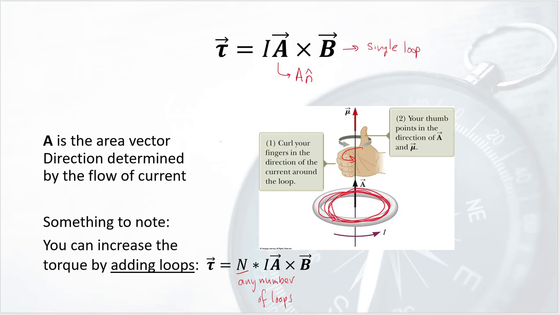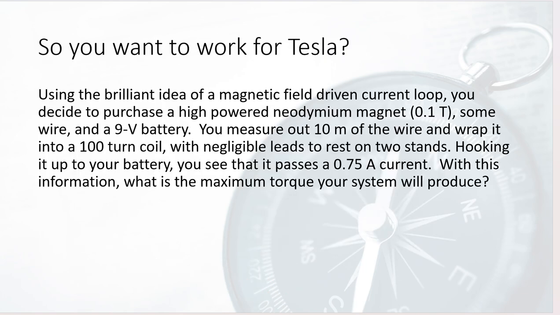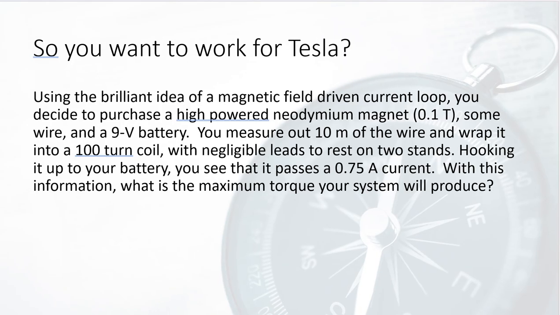And as a result of stacking all of those loops, you can add this multiplicative factor to how much torque you're producing. And we'll talk a little bit about that when we come back on Thursday, and we'll handle this particular question and address what all that means.